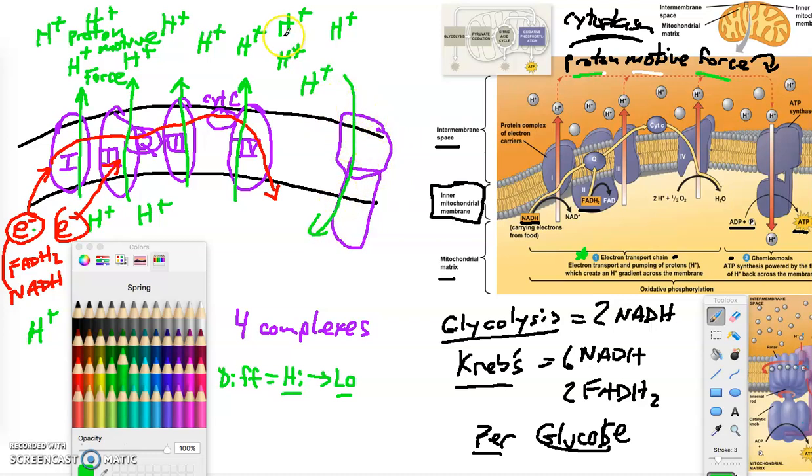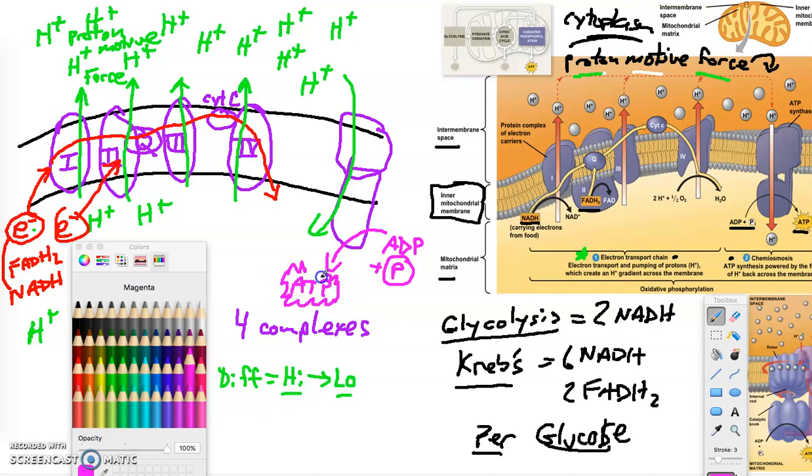Well, that energy, we're going to transform it from a proton motive force to a kinetic energy into a chemical energy. So we'll go ahead and use a different color now. Now we're going to form something new. This is energy from proton motive force to kinetic energy to ATP. So here's ADP plus a phosphate group. We'll just draw a circle around it, and that's going to give us ATP.